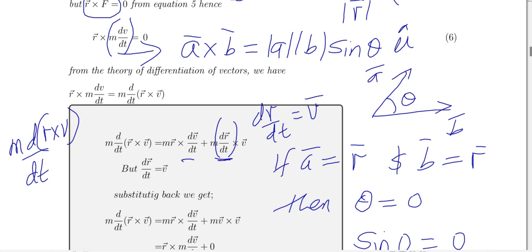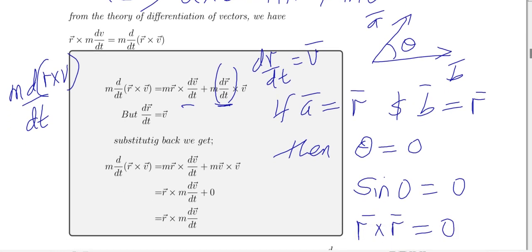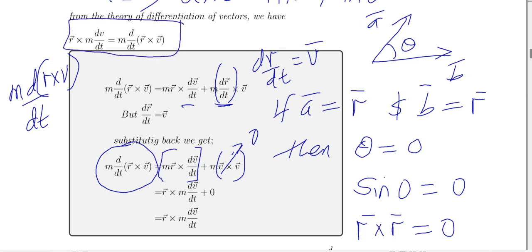And because these are parallel vectors, that quantity will be 0. When we write v cross v, we get 0. So this quantity will be equal to r cross m dv/dt, so that we end up with the expression that we had here.